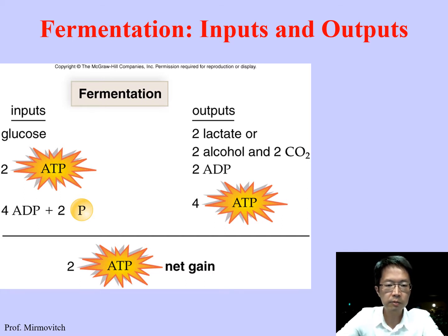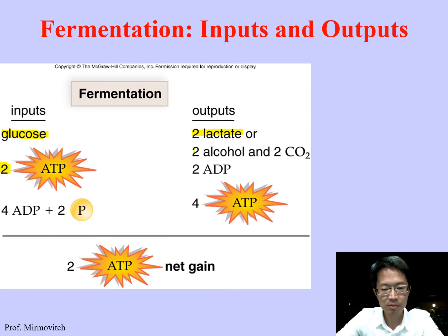So remember, fermentation is very similar to glycolysis in that the input molecule is 1 glucose. As I said, you need to invest 2 ATP first. Output, what do you get? If you are an animal, you get 2 lactic acid molecules.